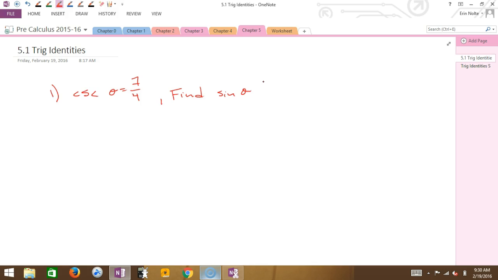Anyways, all we're doing in this particular scenario is finding the sine of the angle. So what am I looking for? Am I looking for the value of the angle? Am I looking for a ratio? I'm looking for a ratio. So if I'm given a cosecant and I'm asked to find a sine, what is the relationship between the two functions?